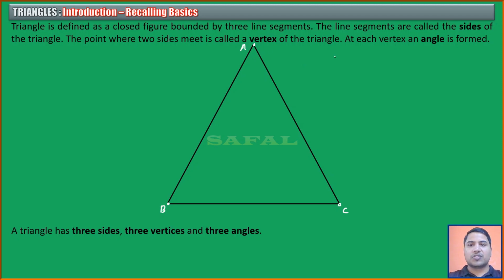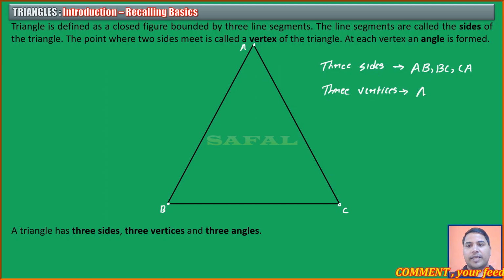So three sides we have: AB, BC and CA. Now three vertices we have: A, B and C, and three angles we have.